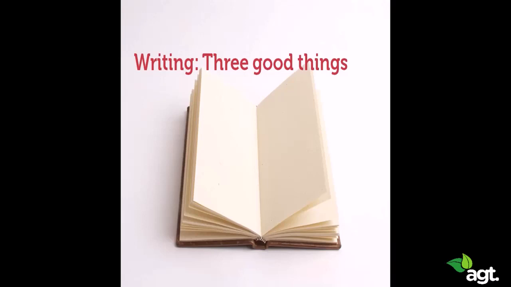One such proven exercise is what is called the 3 good things exercise. It requires us to make it a habit to sit down maybe on Sundays and write down 3 good things that happened through the week. Or maybe even 3 times a week, sit down in the evening and think about what happened throughout the day that was good, that was positive.